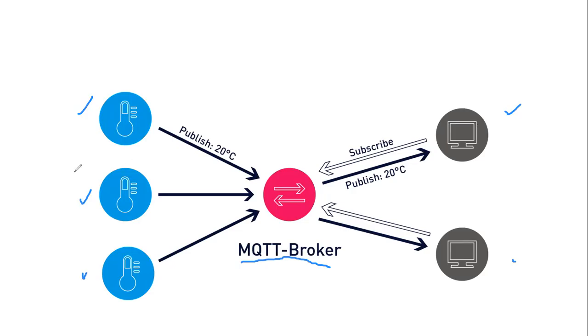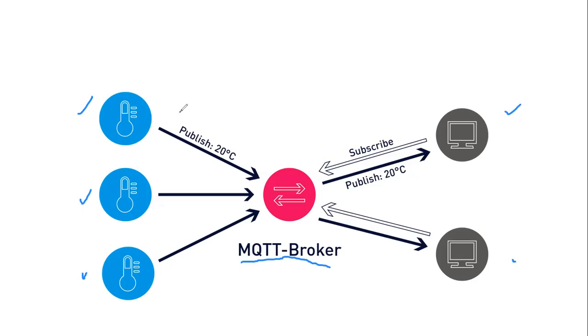This diagram basically shows the publish subscribe communication between client and server. Here the MQTT broker plays an important role. It receives the information from the client, and then users can subscribe to that information.